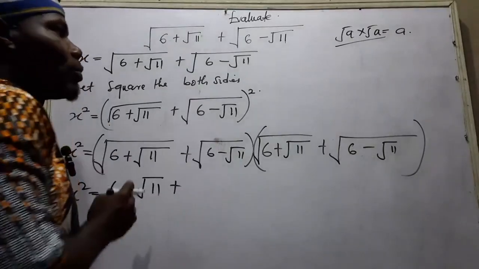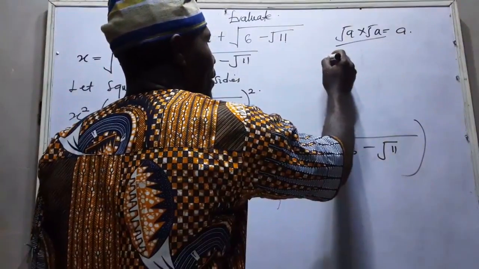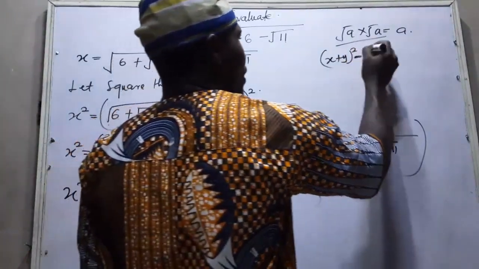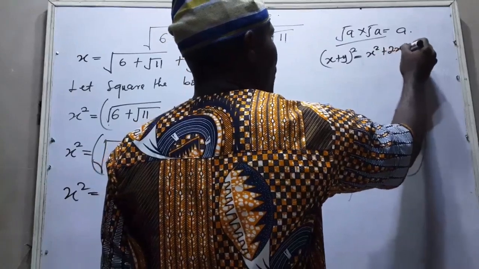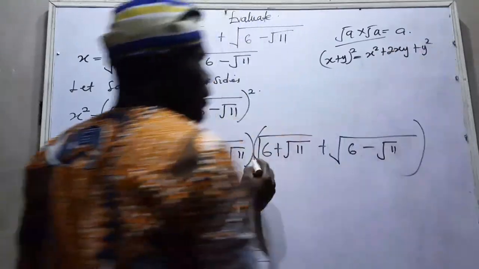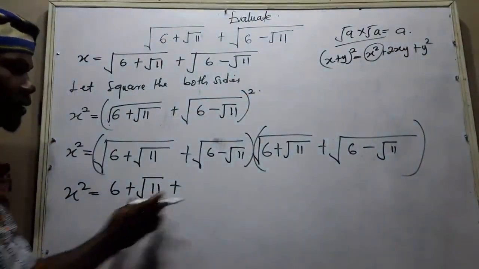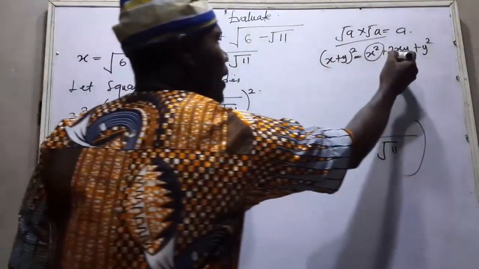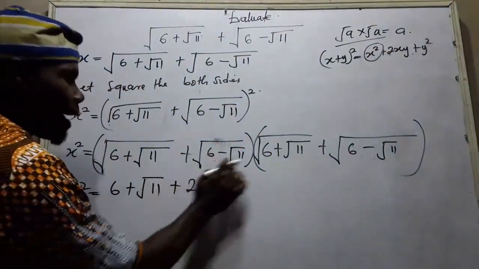Now let's go back to the quadratic form. When you have x plus y all squared, it will surely give you x squared plus 2xy plus y squared. So x squared is the one that gives us this. The y squared will give us this times this. So let's consider 2xy. So making plus 2xy will be this and this.